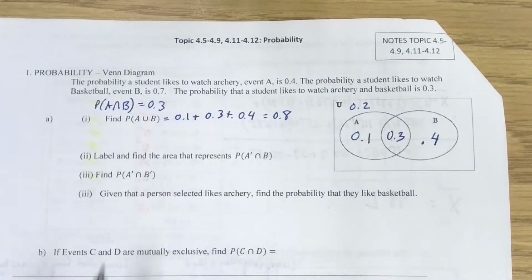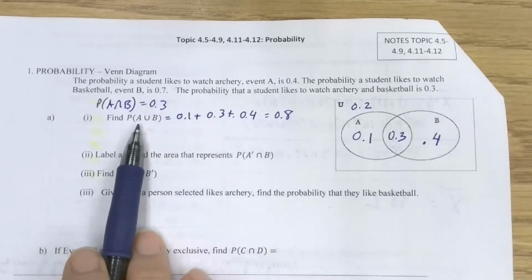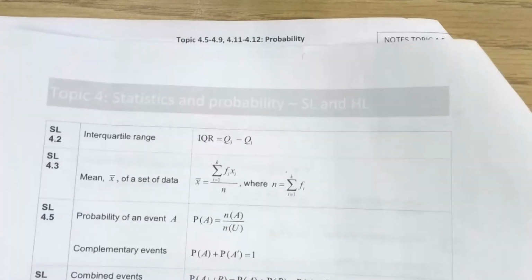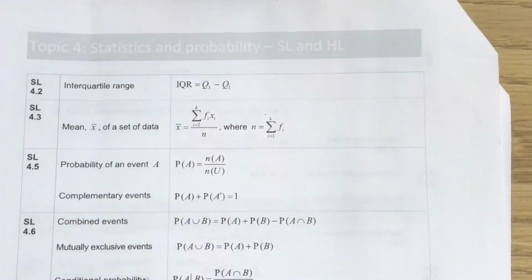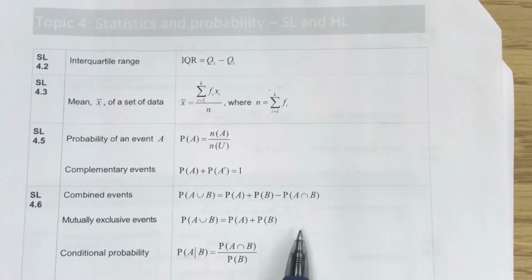And if you were going to try to use the formula to find this, the formula is located in your formula packet in topic 4. At the top of topic 4, you've got all of your statistics information, but right there in 4.6 are our probability formulas.